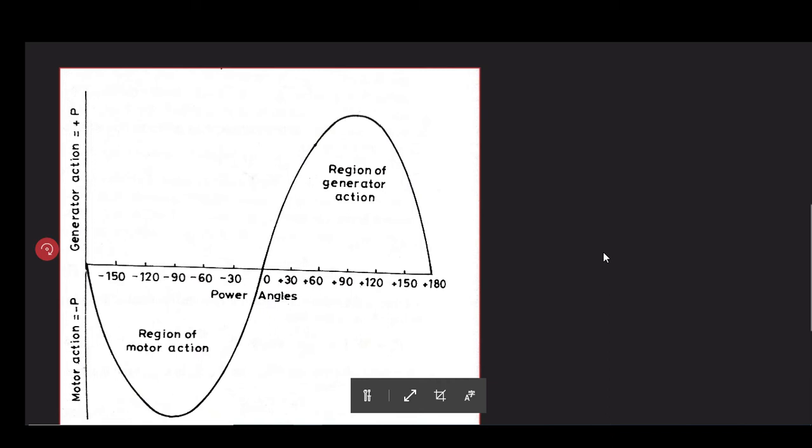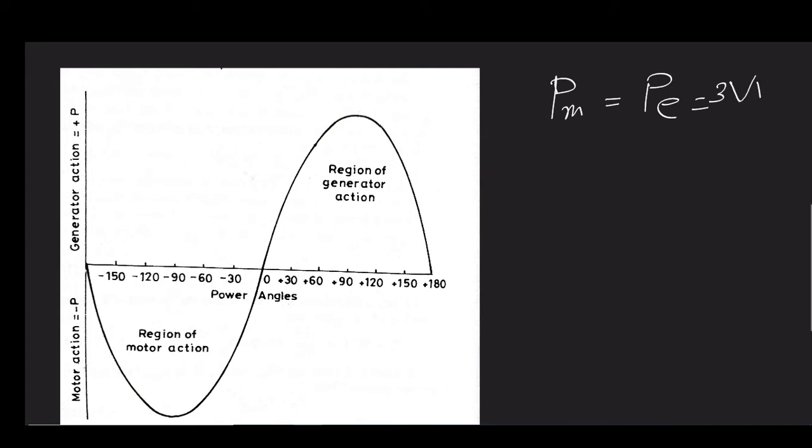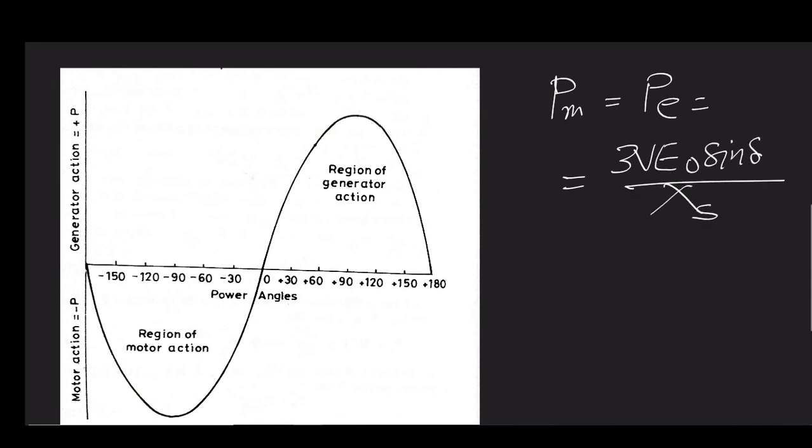You can see that when our gamma is sine, basically what we can write is, let me write here, this is the expression. Now you can see that this is based on neglecting ohmic drop or ohmic loss across armature resistance.